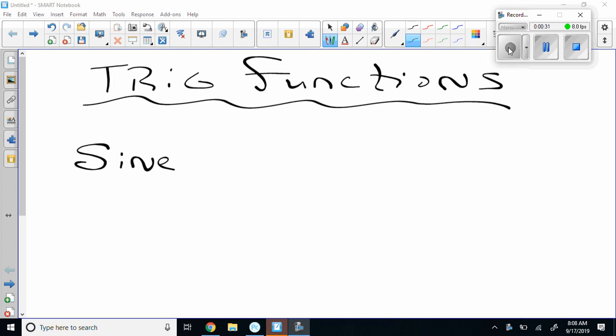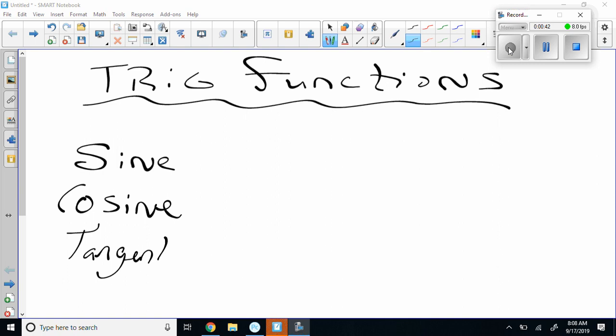We normally see it as S-I-N, right? So we've got sine, we've got cosine, we've got tangent. Those are the ones that we have. Now, there's a relationship for these functions. There's a relationship with the angle of this and the sides.